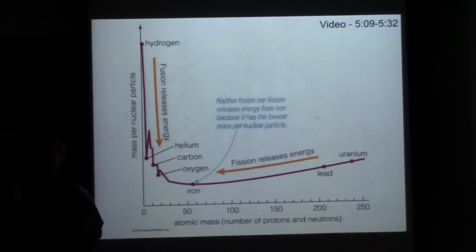Iron 56, if you try to fuse iron, you have to turn energy into mass in order to do that. In other words, it is an endothermic reaction instead of an exothermic reaction. It requires energy instead of releasing energy, which means that iron cannot serve as a nuclear fuel for the star.